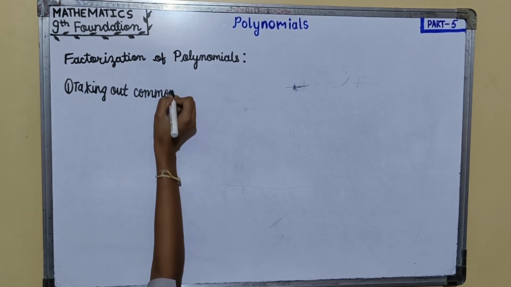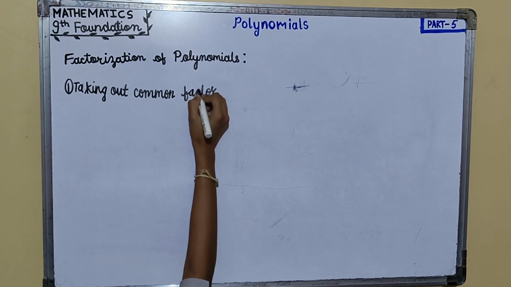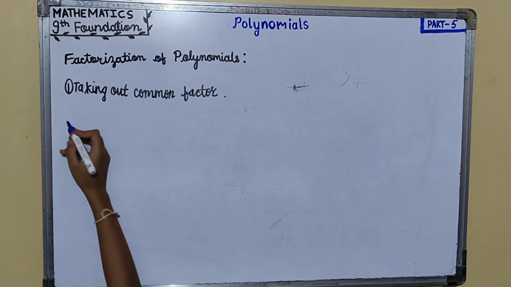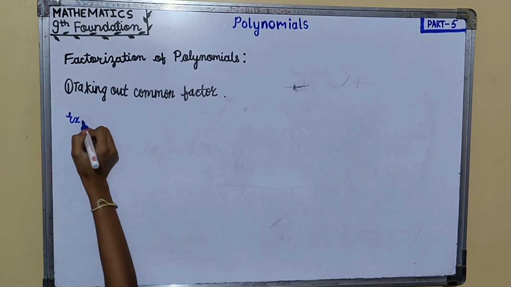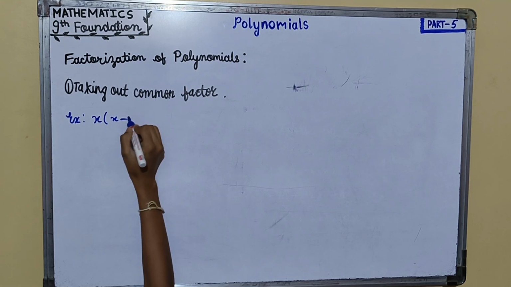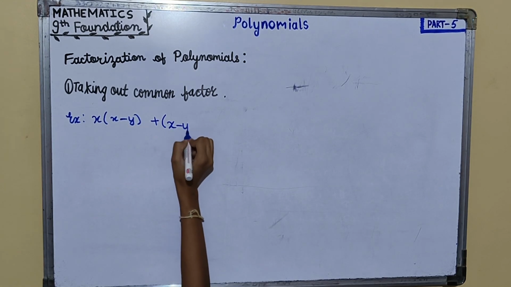We'll start with the basic example. There is an example that is x in bracket x minus y plus x minus y.